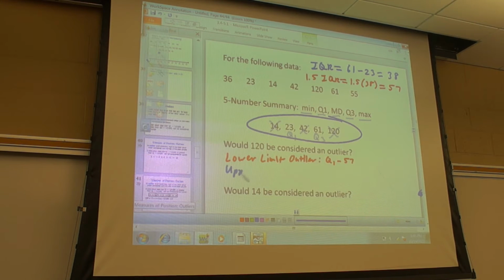And my upper limit, that'd be 2 IQRs. I don't want 2 IQRs. I want 1.5 IQRs.